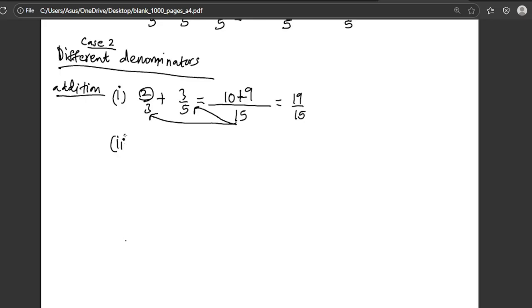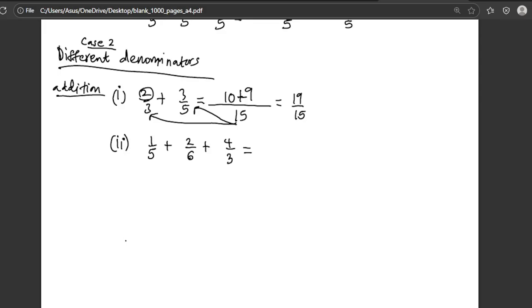Let's add more fractions: 1 over 5 plus 2 over 6 plus 4 over 3. You can see there are three different denominators here: 5, 6, and 3.